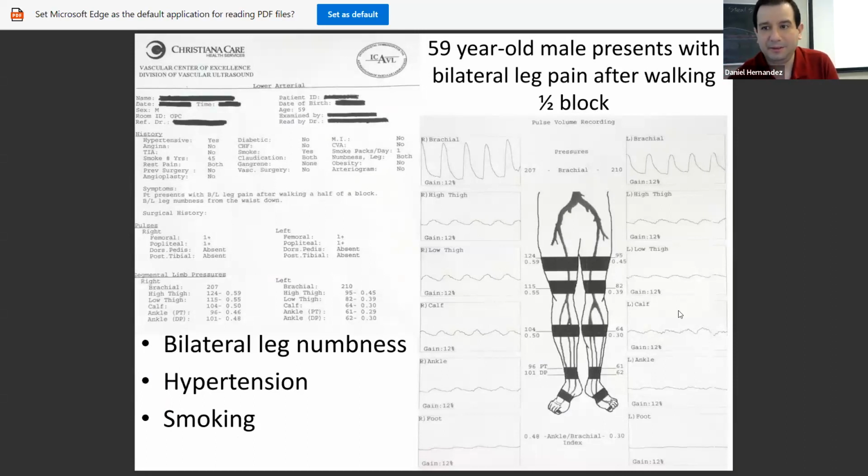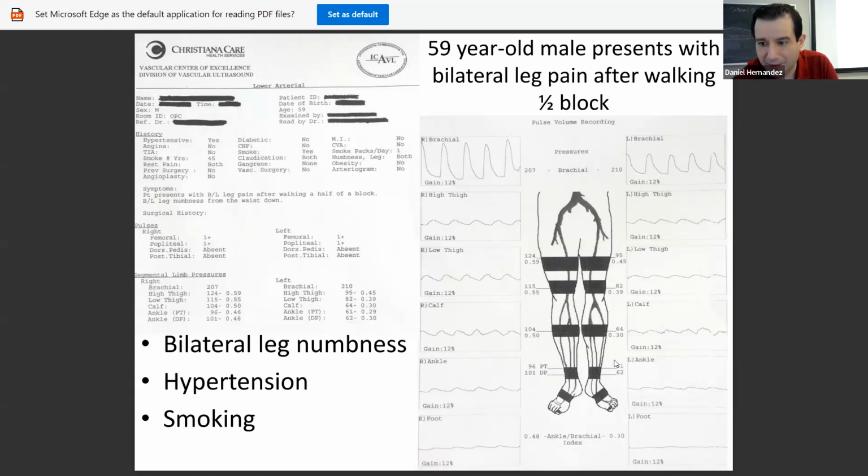Then comparing someone who has obvious significant disease. Again, go right to your ankle brachial index: abnormal bilaterally, lower on the left. Then compare your pressures, looking for any large significant pressure drops between segments. 120 to 115, no; 115 to 104, no; then 104 down to 100, 101.